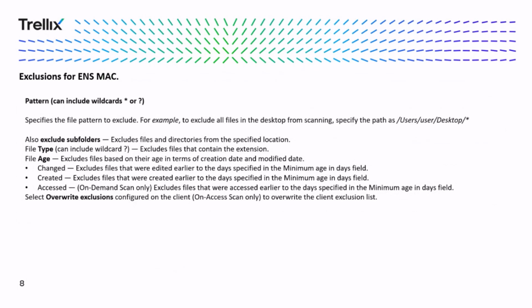The file type refers to when you're adding an extension. File age, if you're using that as an option, you can make the changes as per change created or accessed. Select override exclusion configured on the client OS to override client exclusion list.